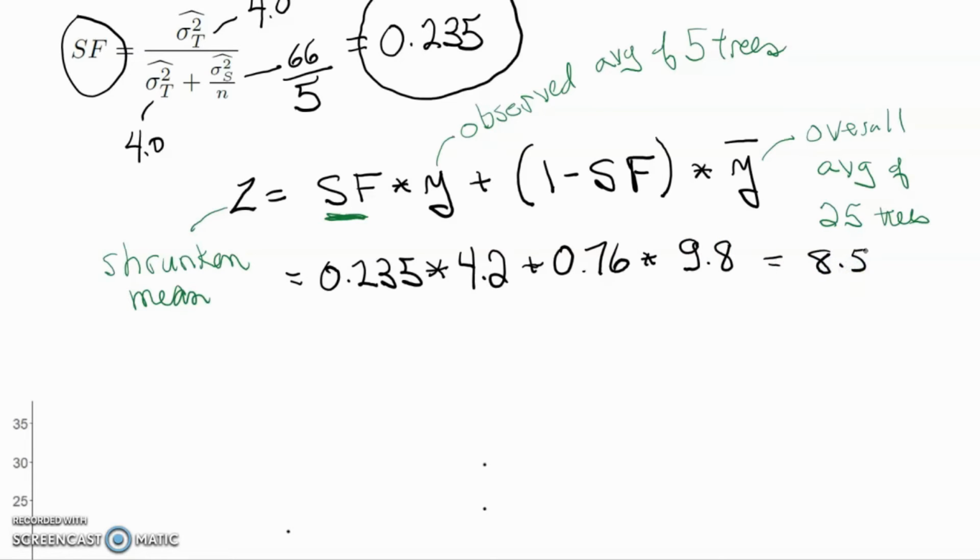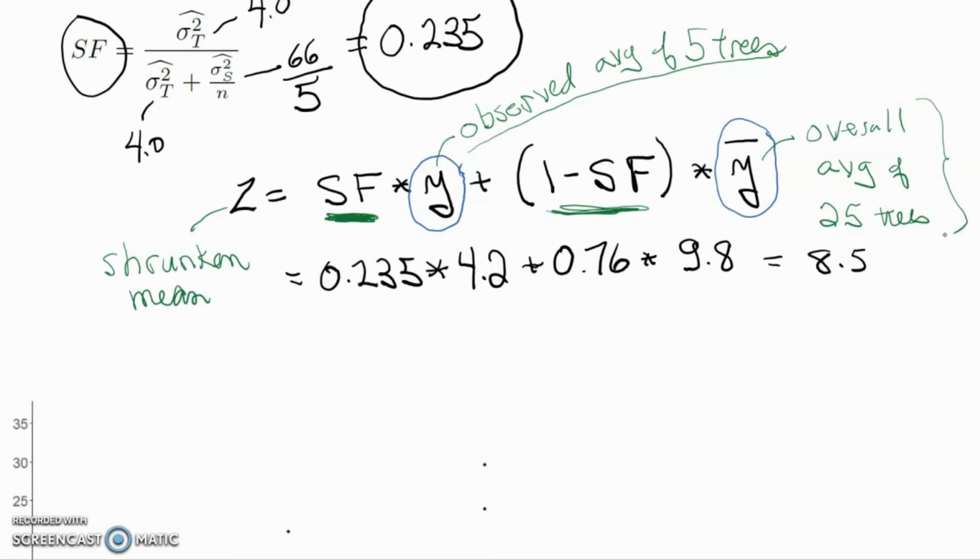What we've got here is a weighted mean. We've got a weighted mean of 2 different things: a weighted mean of Y and of Y bar. And what are the weights? The weights are SF attached to Y, and a weight of 1 minus SF attached to the overall average.